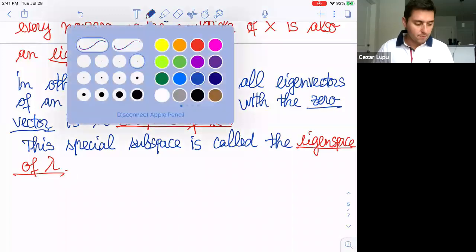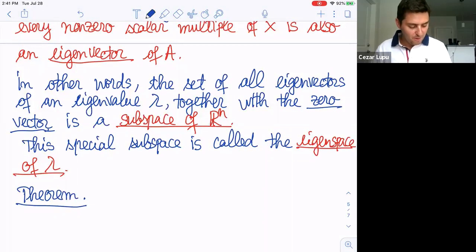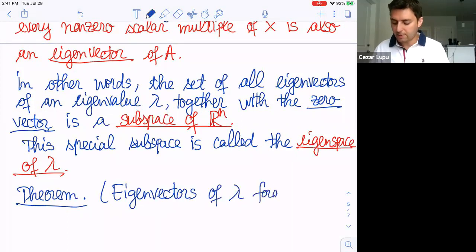All right, let me summarize this. We have the following theorem. Let me write in mathematical words. In other words, eigenvectors of lambda form a subspace.